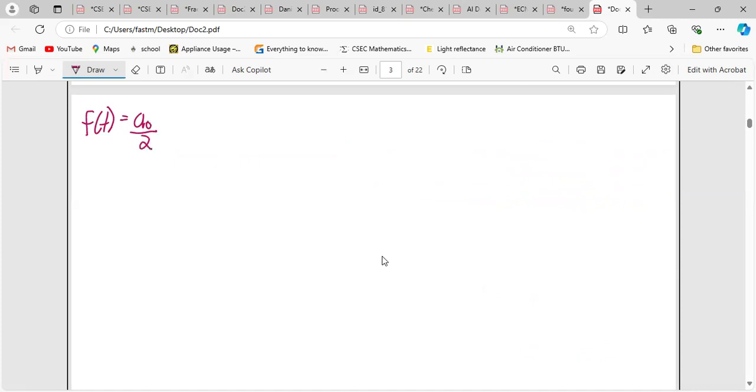Onto the DC component, that's not going to change if you swap forms because it's just a DC. So I will state it. You have plus, for now, I'll leave out the summation.